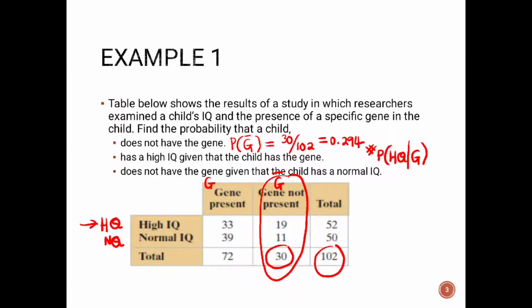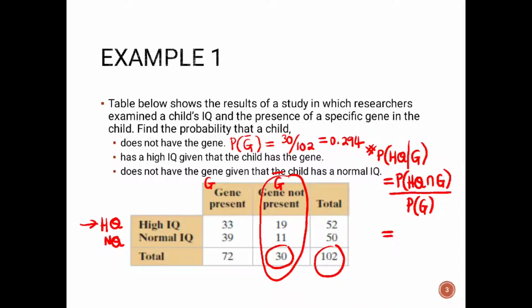The conditional probability is denoted by this formula: the intersection over the probability of what has happened, which is has the gene.